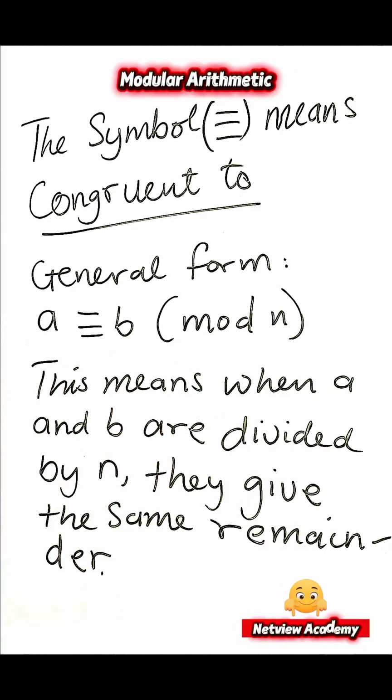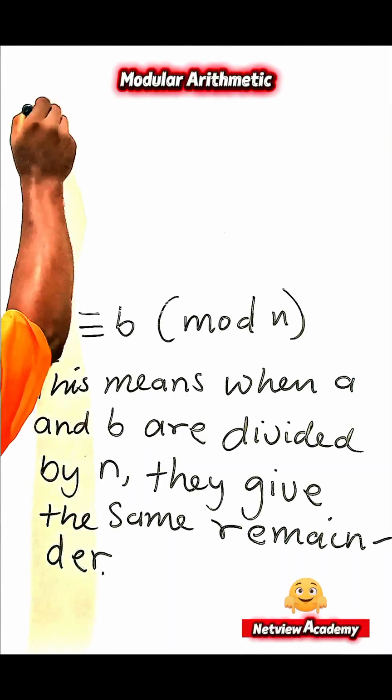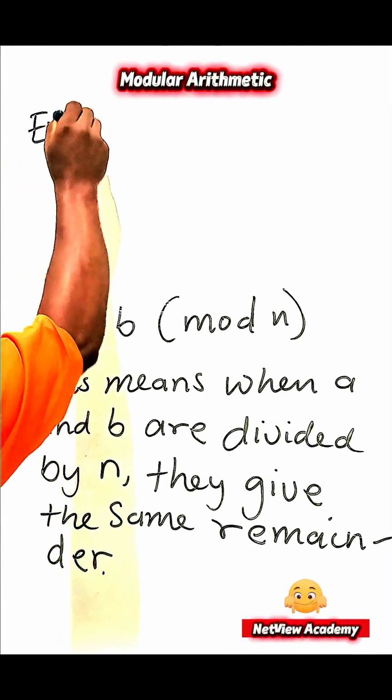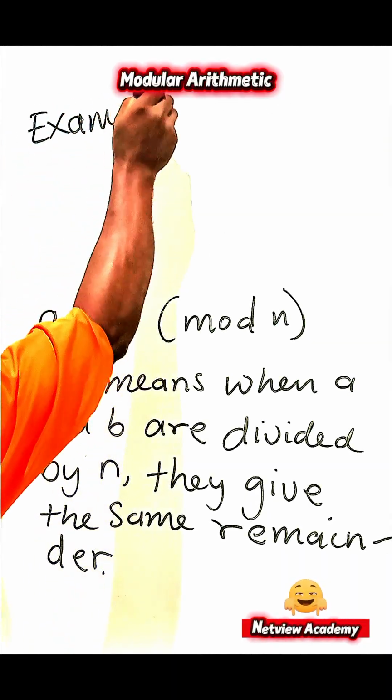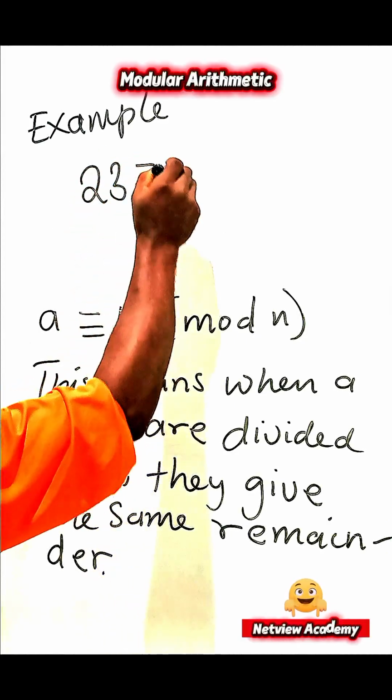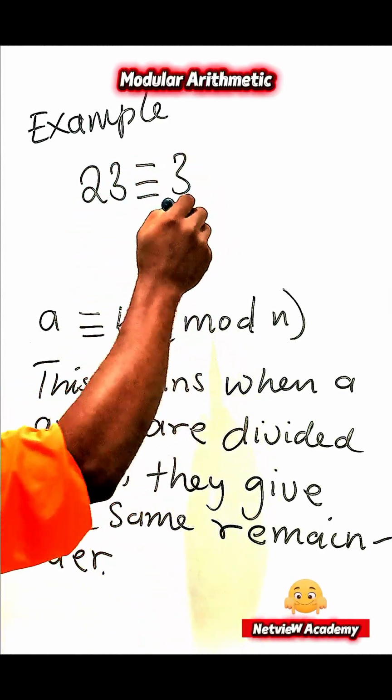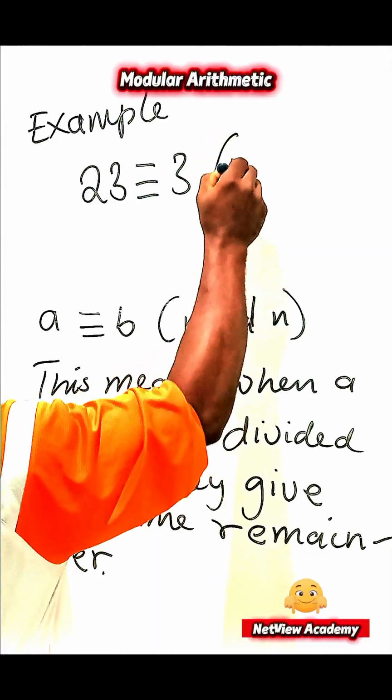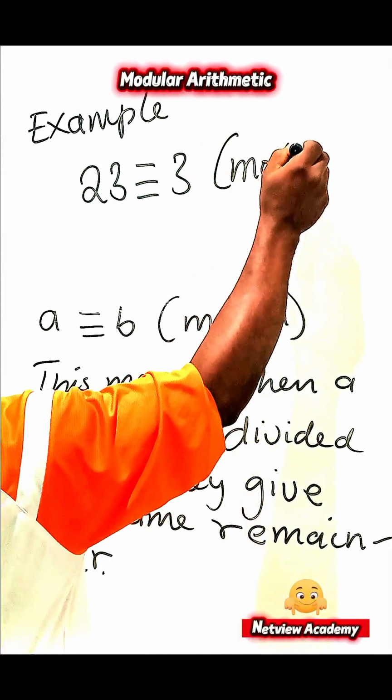Let's look at an example. 23 is congruent to 3 modulus 10.